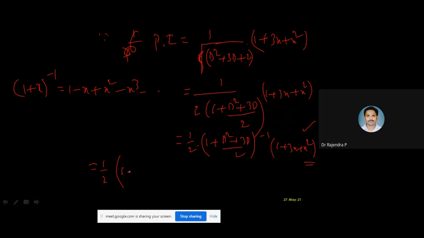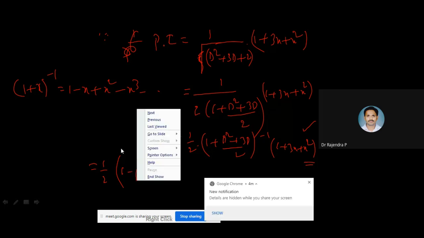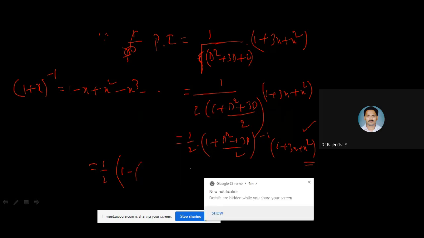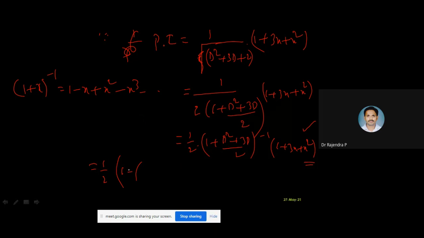So 1 minus of d square plus 3d by 2, plus x square means d square plus 3d by 2 whole square, isn't it? Minus and so on into 1 plus 3x plus x square.